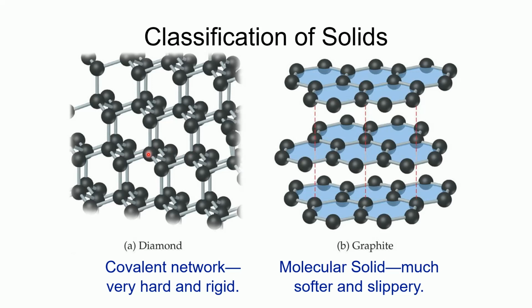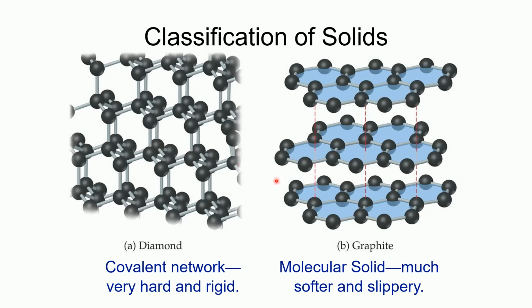As a consequence, that structure for diamond is very rigid and very, very hard. Diamond is one of the hardest substances known to humans. And in addition to being beautiful, diamonds are also quite useful as an abrasive because it's such a hard substance.